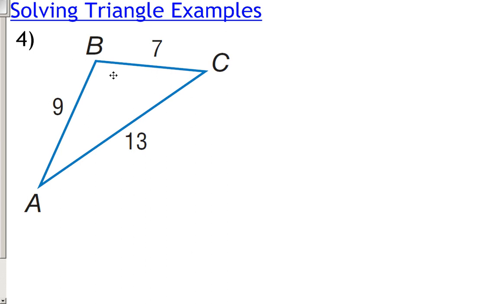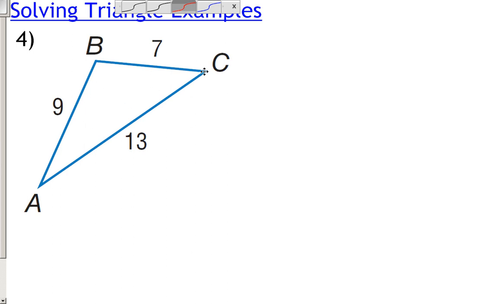Okay, let's just start another solving triangle example. In this case, we're given 3 sides of a triangle, so all 3 sides, and we don't have any angles. So in this case, we don't know if this is a right triangle. We can't use law of sines because we don't even have one angle, so we need to use law of cosines. It doesn't matter for law of cosines what angle we get first since we don't have any of them.